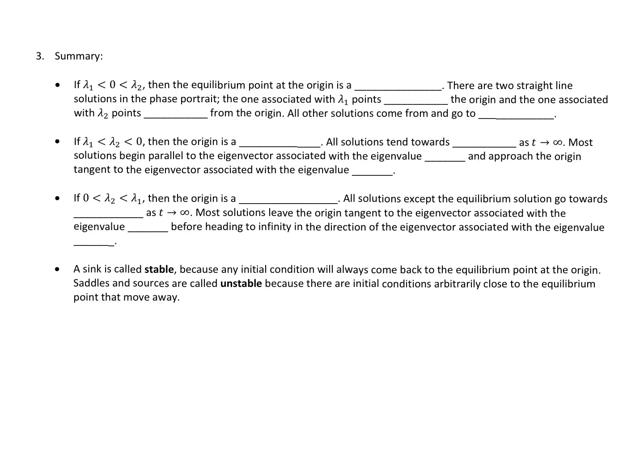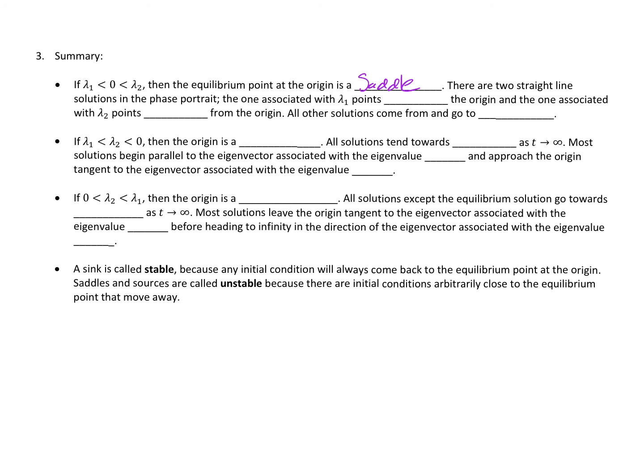Okay, so to summarize what we saw in the demo and the activities, if one lambda is negative and one lambda is positive, so lambda 1 less than 0 less than lambda 2, so you have a negative and a positive eigenvalue, then the equilibrium point at the origin is called a saddle. There are two straight line solutions in the phase portrait.